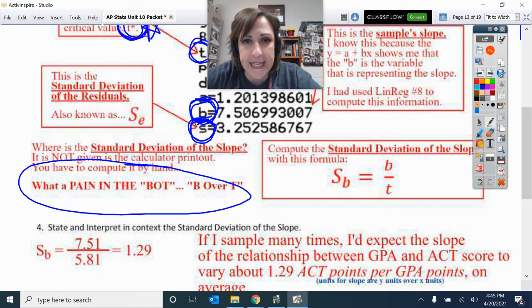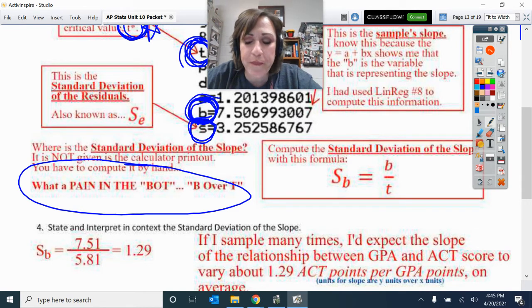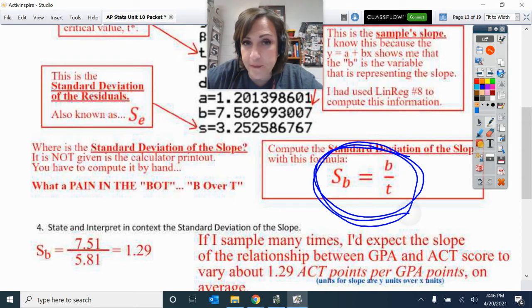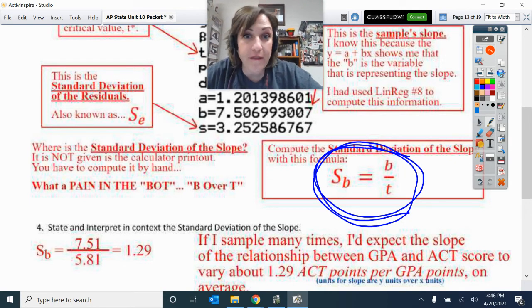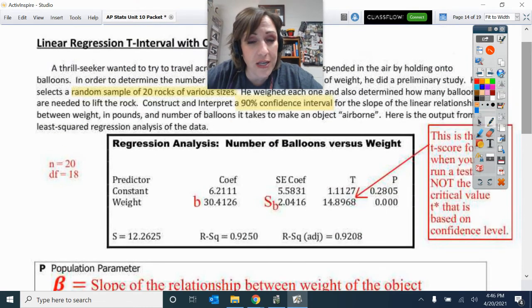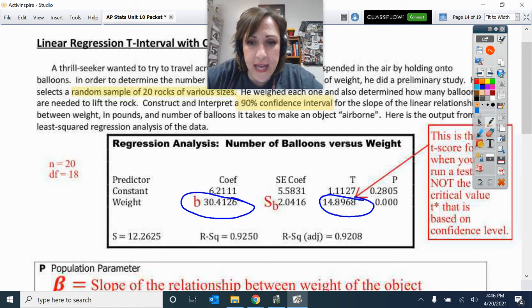It's B over T: your sample slope B over your t score T. So that standard deviation of the slope is the same thing as B over T. In fact, if you wanted to check that out, if you did B divided by T, you'd get that number right there.